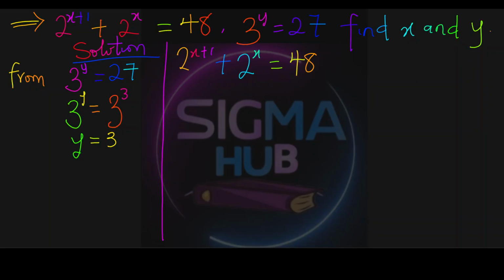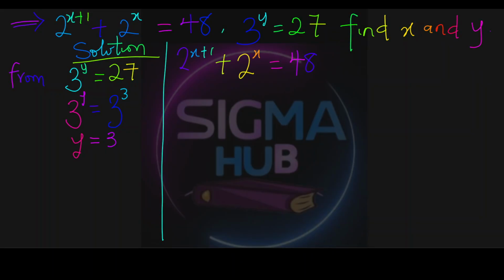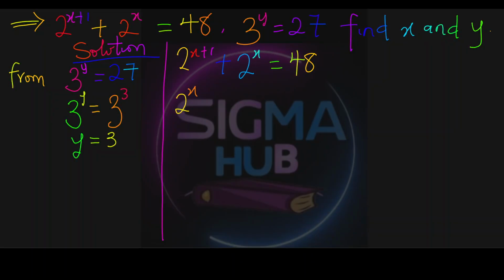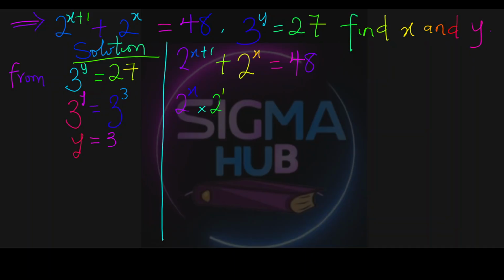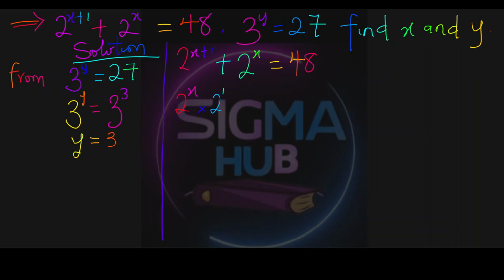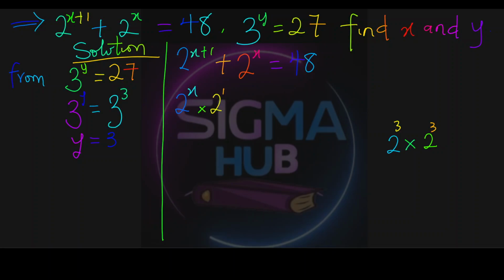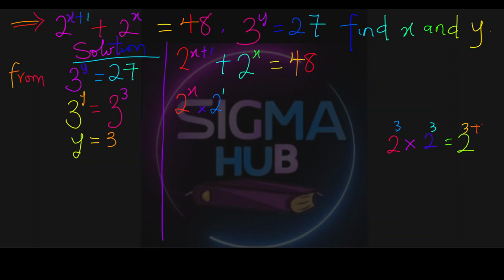Let me split first. So I can write 2 raised to the power of x plus 1 as 2 raised to the power of x times 2 raised to the power of 1. Don't forget, one of the laws of indices is that when you have the same base and there is multiplication, the powers add.